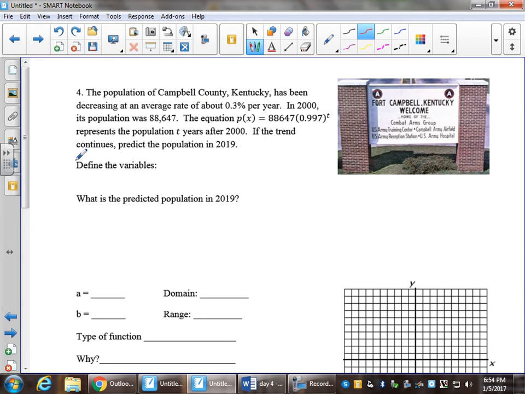Number 4, the population of Campbell County, Kentucky has been decreasing at an average rate of about 0.3% per year. In 2000, the population was this much, 88,647. I see I have an equation, I'm going to highlight it. P of T equals this, represents the population.